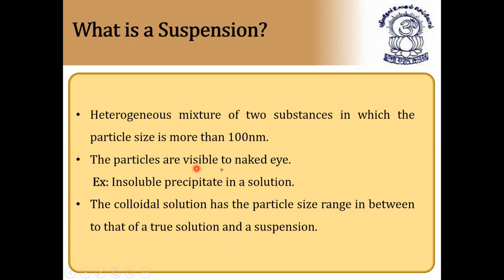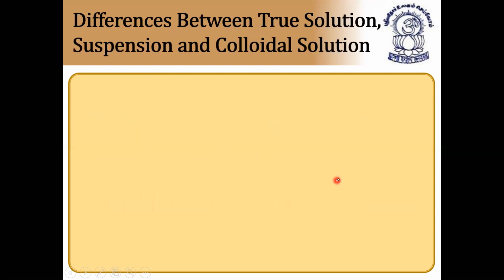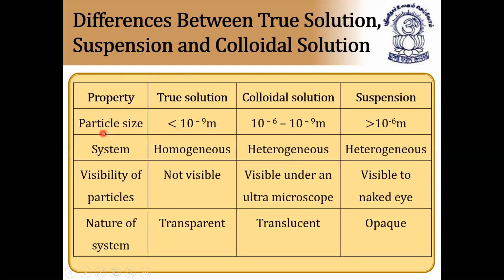So they can be visible to the naked eye based on the size. The 100 nanometer size particles can be visible with the naked eye, whereas 1 nanometer size particles are not visible to the naked eye. So on the whole, a heterogeneous mixture of two substances in which the particle size is more than 100 nanometers is nothing but a suspension. The particle size of a true solution is less than 10 to the power of minus 9 meters, that is 1 nanometer.